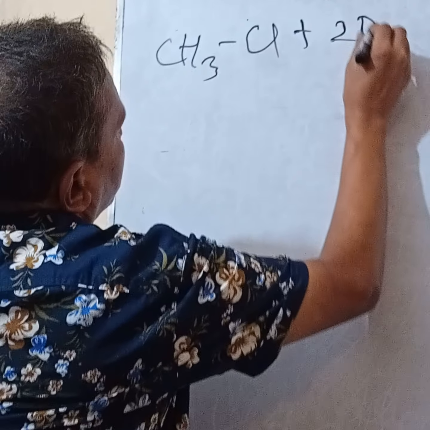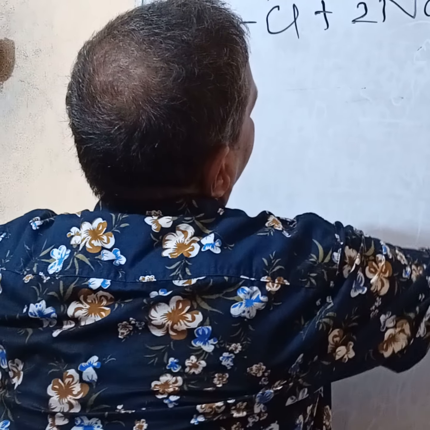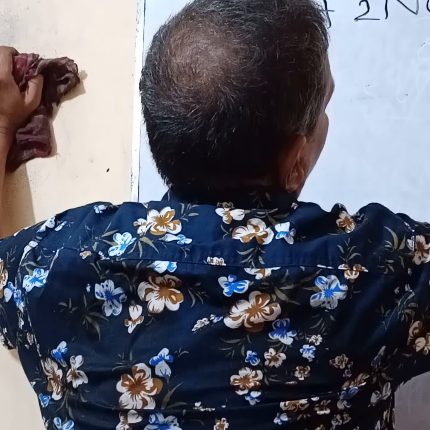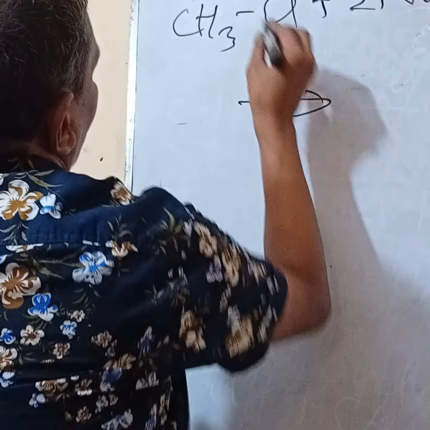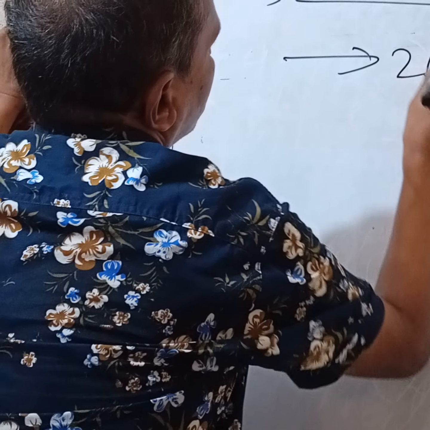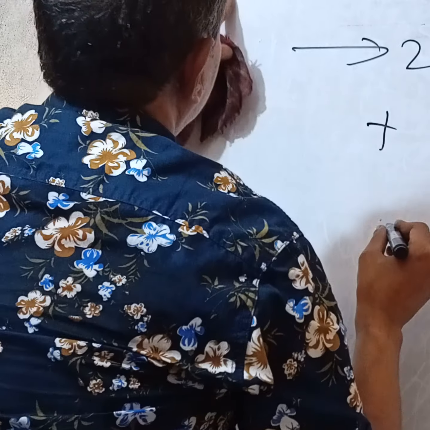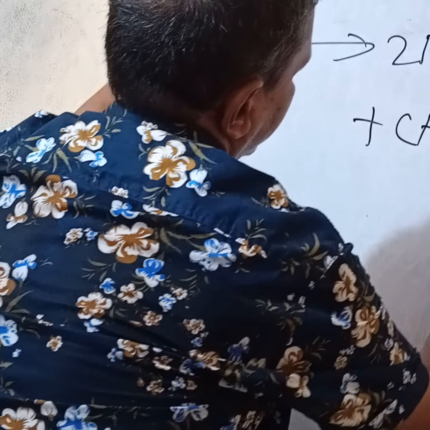Then with 2 sodium, chlorine goes inverse to CH3, giving 2 sodium chloride, and the CH3 radical joins with CH3.